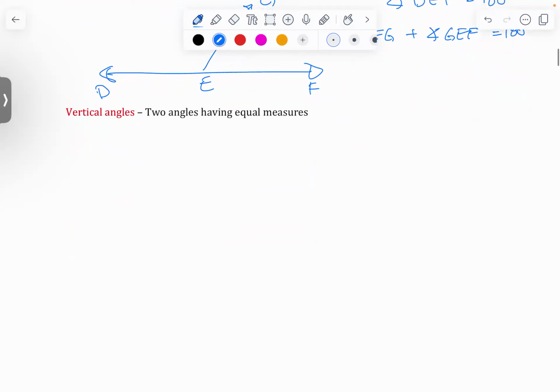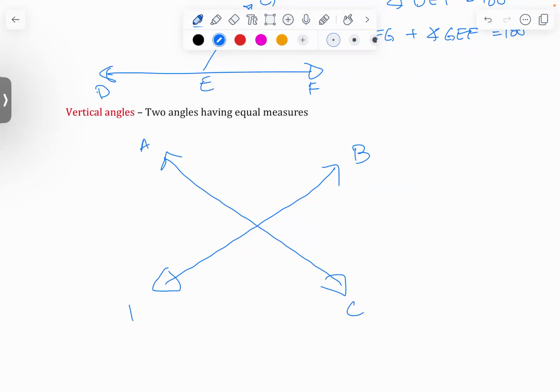Vertical angles are really, really nice, actually. They just have equal measure. So if you have two lines that cross anywhere, the angles across from each other are equal.